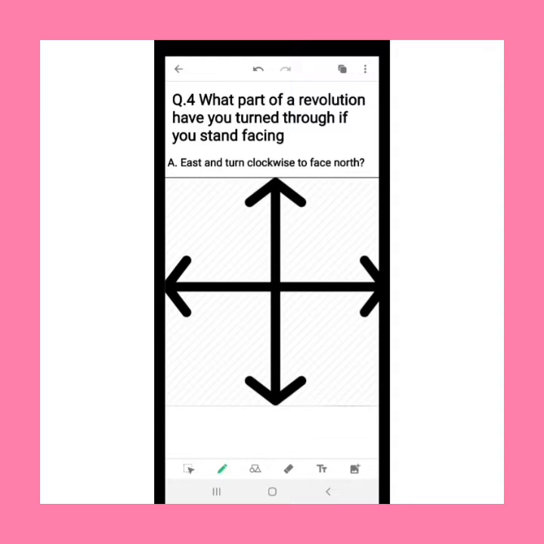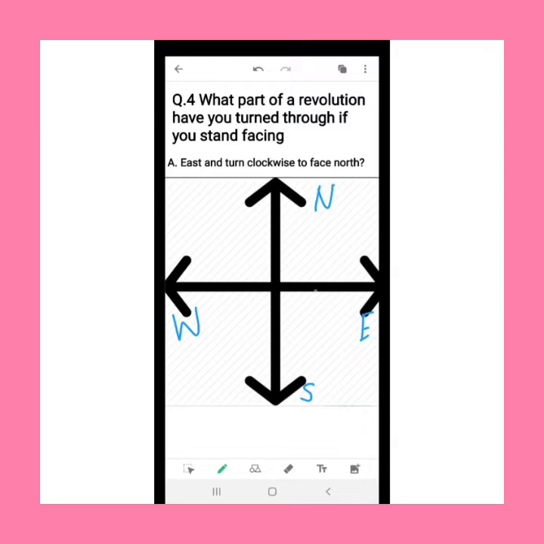First we should know the upward arrow is north, downward arrow is south, on the right hand side it is east, and on the left hand side it is west direction. Now it is asking starting from east and turning clockwise to face north.